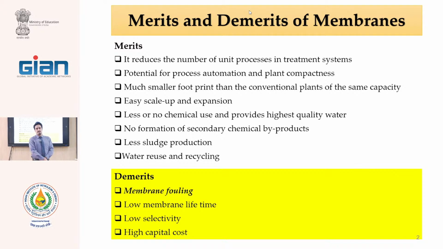Some plants change the membranes every 2 years, and similar plants in another city change the membranes every 5 years, because the engineer of the 5-year plant has good knowledge about membrane keeping and cost control of the conditions for reducing the membrane fouling.